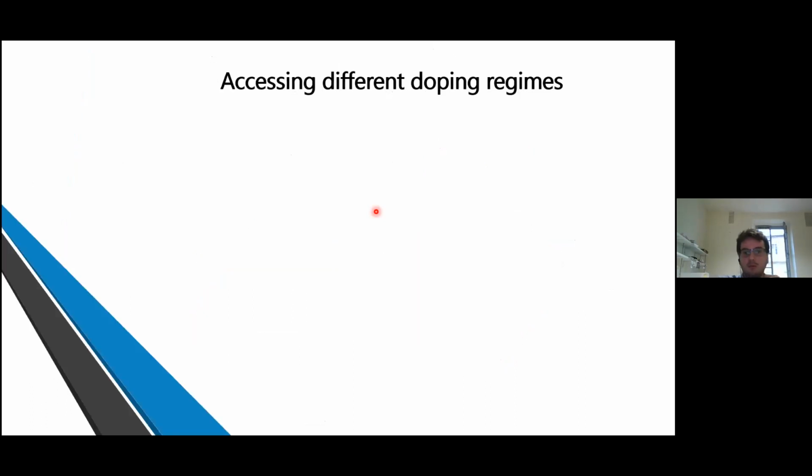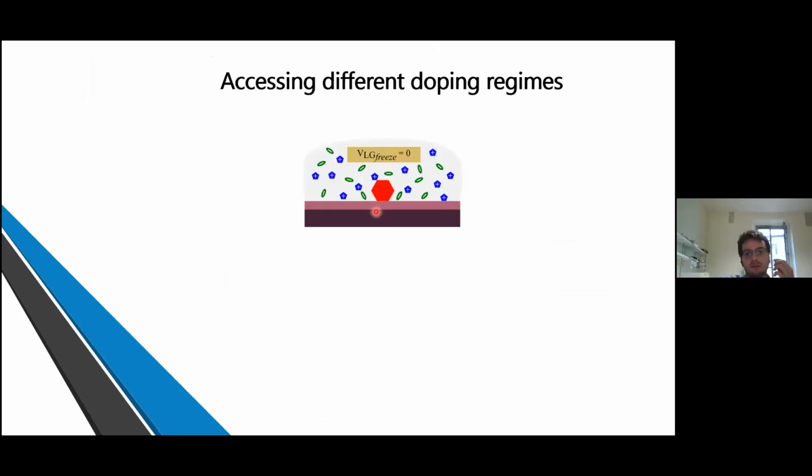Now, getting to what really happens in our system, let's think about what happens if we apply 0 volts to the counter electrode. We have no specific ionic accumulation at the interface between the electrolyte, so the ionic liquid, and the nanowire. In this case, what we recover for the energy band diagram of the material is a conventional indium arsenide energy band alignment.